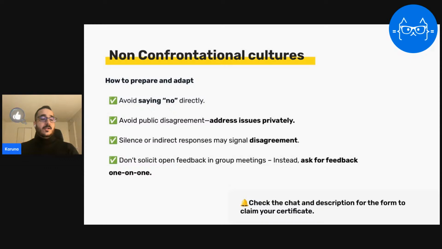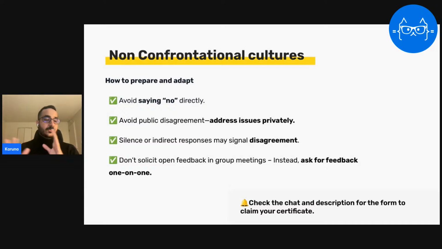So going back to non-confrontational cultures, cultures that avoid confrontation really avoid saying no directly, right? And again, going back to my time in Malaysia, growing up, you never really said no to the boss.